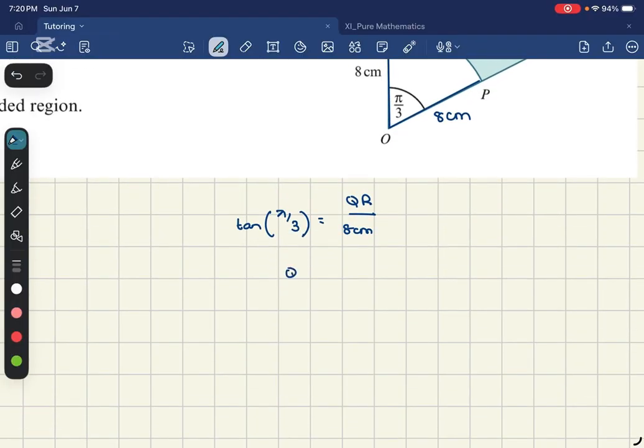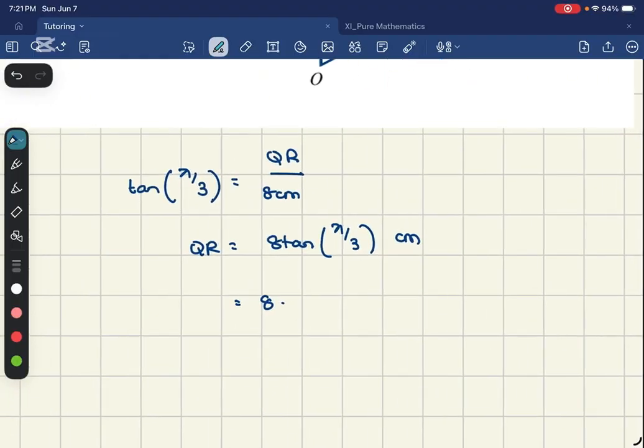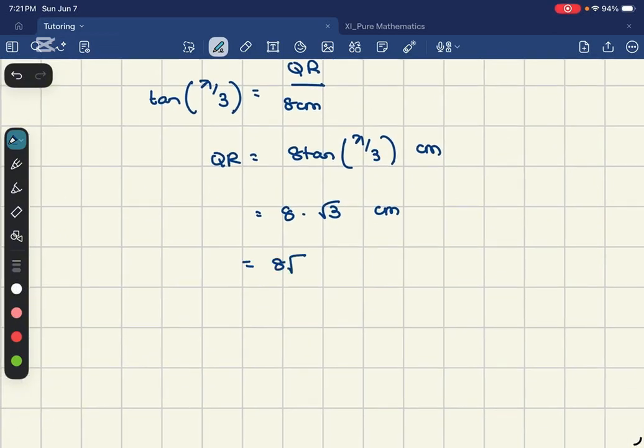So QR is just going to be 8 times tan pi by 3 centimeters. Tan pi by 3 is actually a special value. Tan pi by 3 is root 3. So QR is going to be 8 root 3 centimeters.